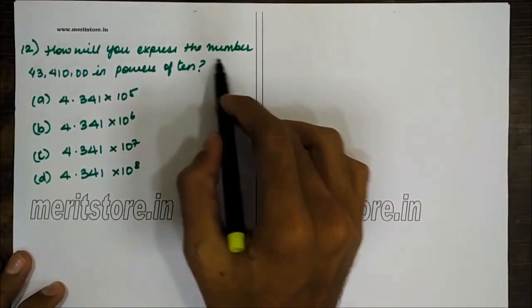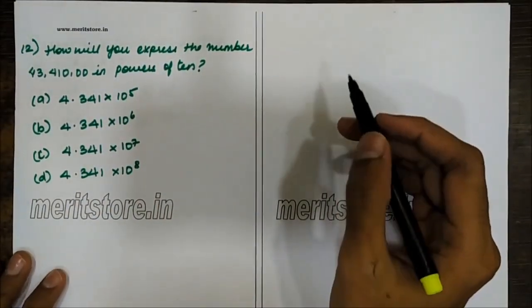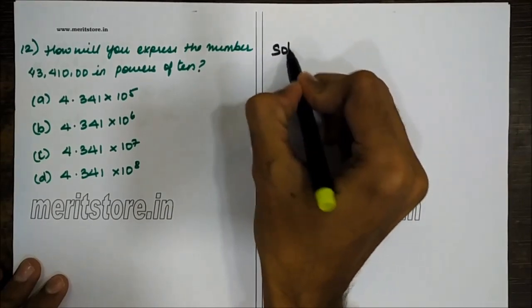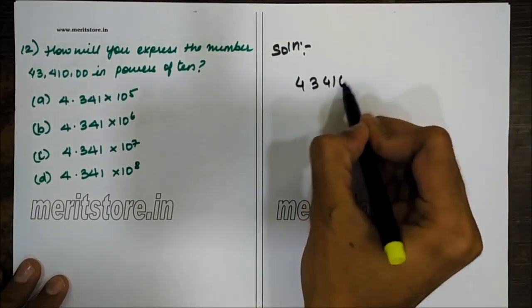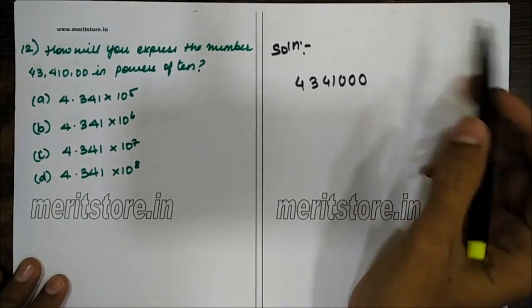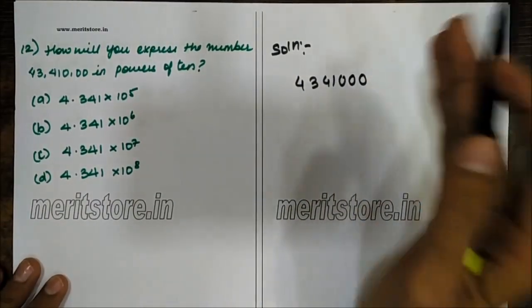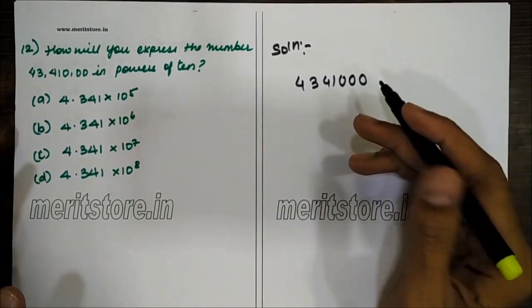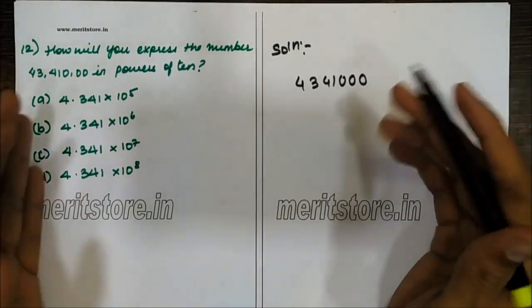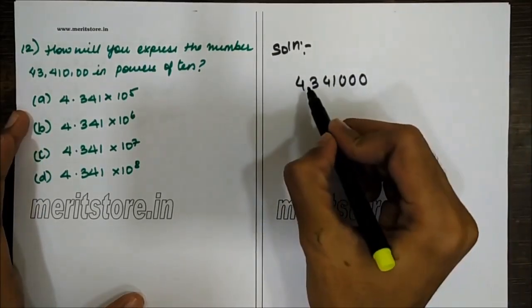Okay, how will you express the number 434100 in power of 10? If we need to express this in power of 10, we need to move the decimal from right to left until we get a point out here.